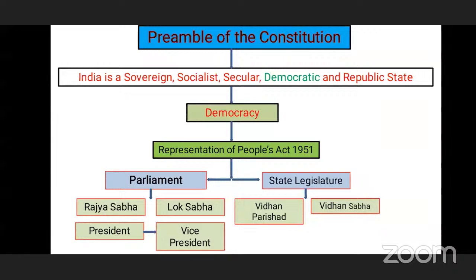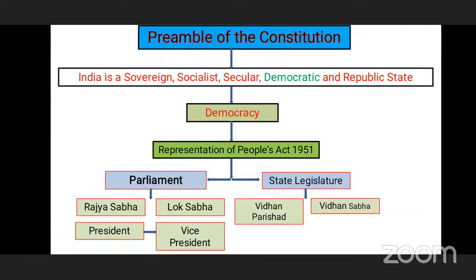Finally, the drafting committee prepared the Indian constitution, and it was approved on 26th November 1949 by the Constituent Assembly. It came into effect on 26th January 1950. In that constitution, the preamble is very important. It is the soul of the Indian constitution.